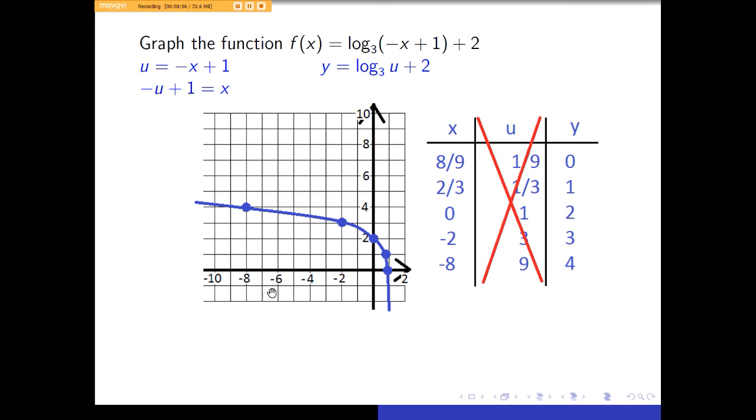And so there's our graph, and we'll find the asymptote. So to find the asymptote, you set the inside of the logarithm equal to 0. So if you set negative x plus 1 equal to 0, you're going to get x equals 1. So our vertical asymptote in this case is x equals 1, and we'll put in a dotted line there to show that.